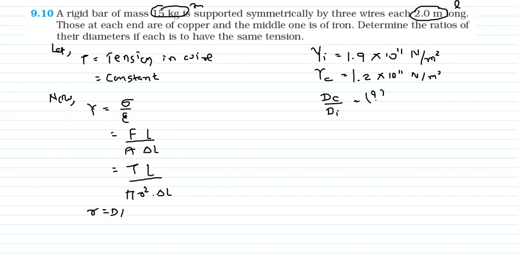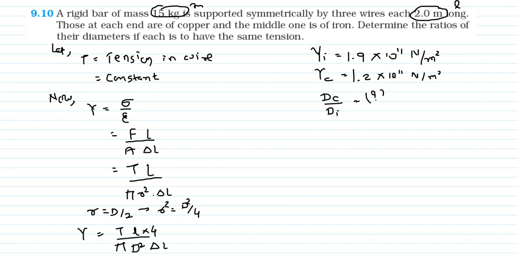Radius is the half of the diameter, so our Young modulus will be tension L upon pi r square. क्या होगा यहाँ पर? So r square will be d square by 4. So r square, that is you can say it is d square by 4 into delta L.